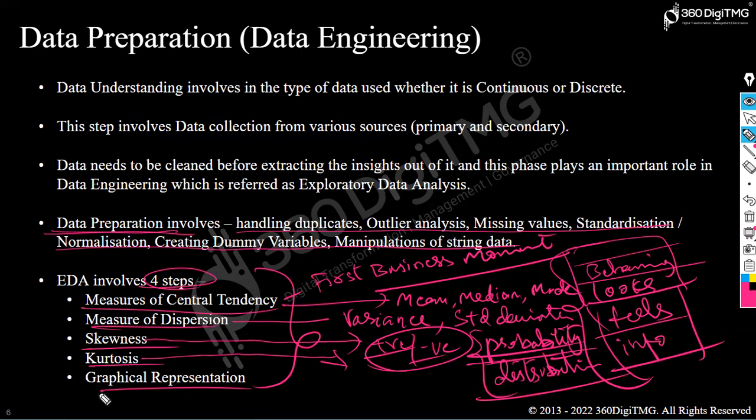And we have different graphical representations that make it clearer, with bar plot, box plot, scatter plot, line plot, histogram, and so on.